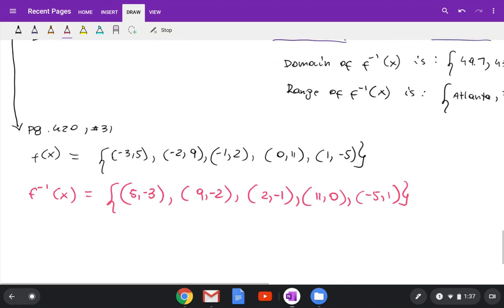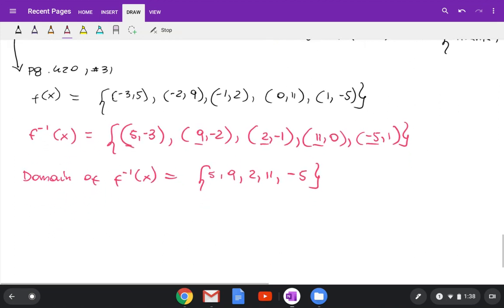So you have to create the inverse function and then decide what is the domain of the inverse. Okay, so domain of the inverse, you're going to list the x coordinates of each order pair. So it's going to be 5, 9, 2, 11, -5.